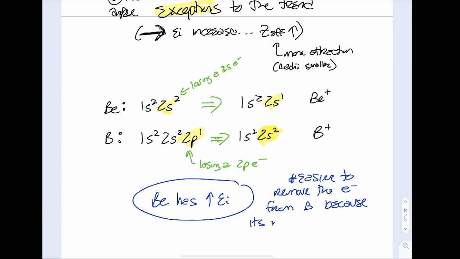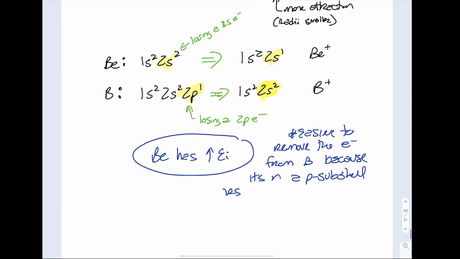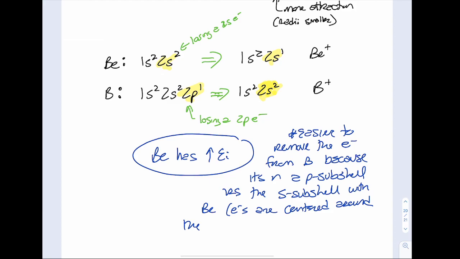because it's in a p subshell versus the s subshell with beryllium, right? Remember, electrons are centered around the nucleus in s orbitals, right?